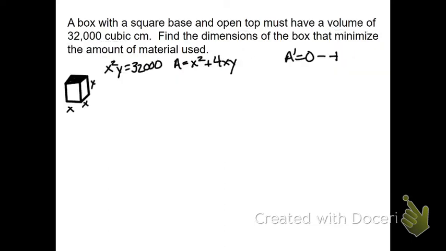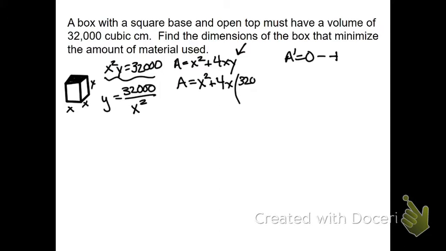Okay, so same as yesterday, we're going to want to get rid of one of the variables using the given information. So I think it's easier to plug in for Y since there's only one Y variable over here. So Y is equal to 32,000 over X squared. Rewrite this equation with one variable. Change the Y to 32,000 over X squared.